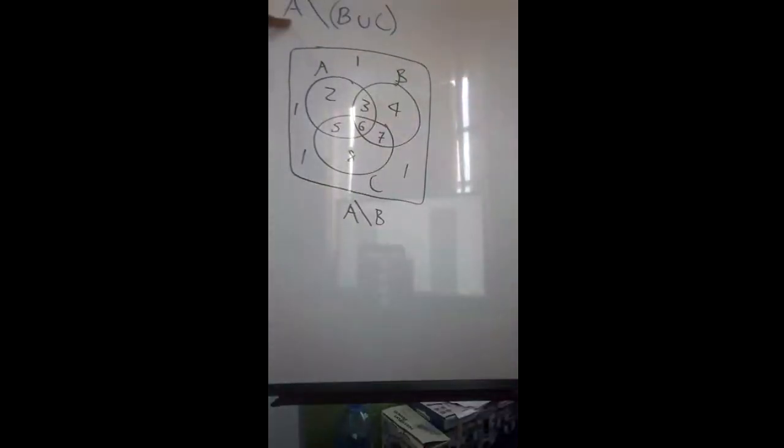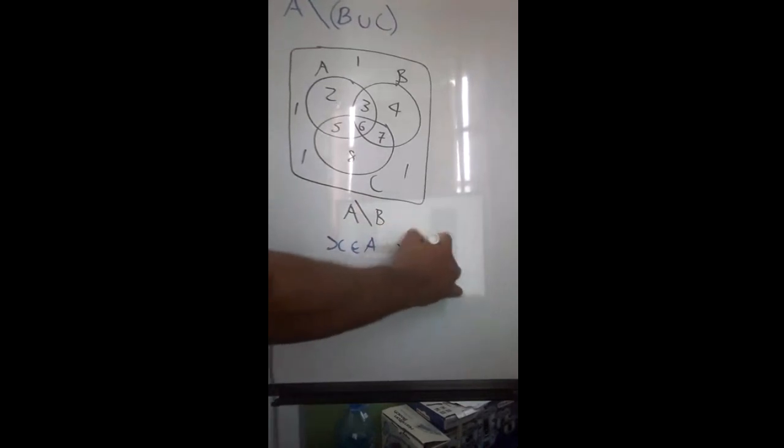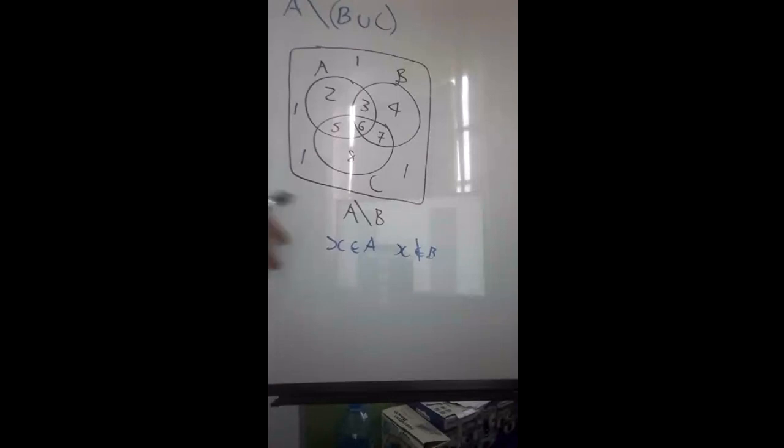Then it's relative to the thing you wrote first. Remember the way I showed you to read it? It is everything in A that is not in B. Because remember, the definition was: x is in A and x is not in B. That's how it is actually written.